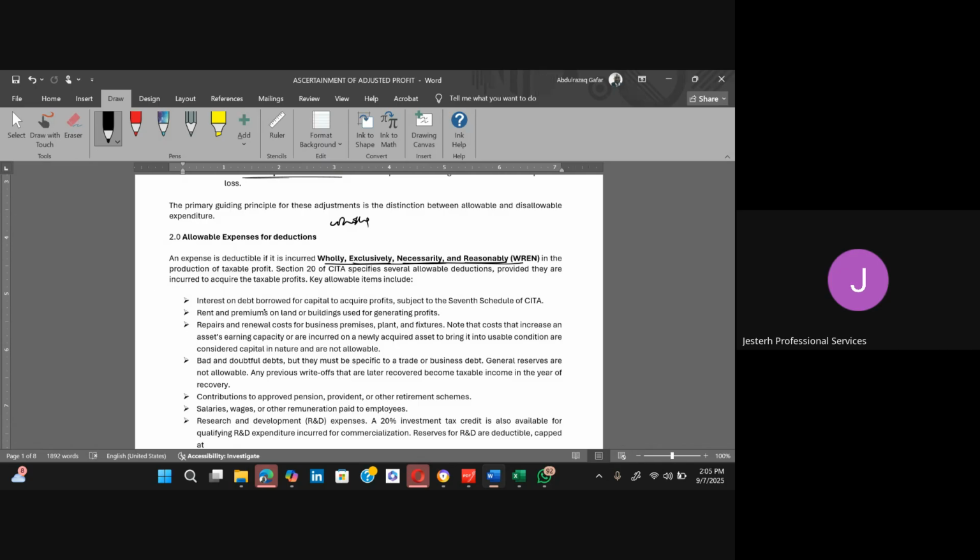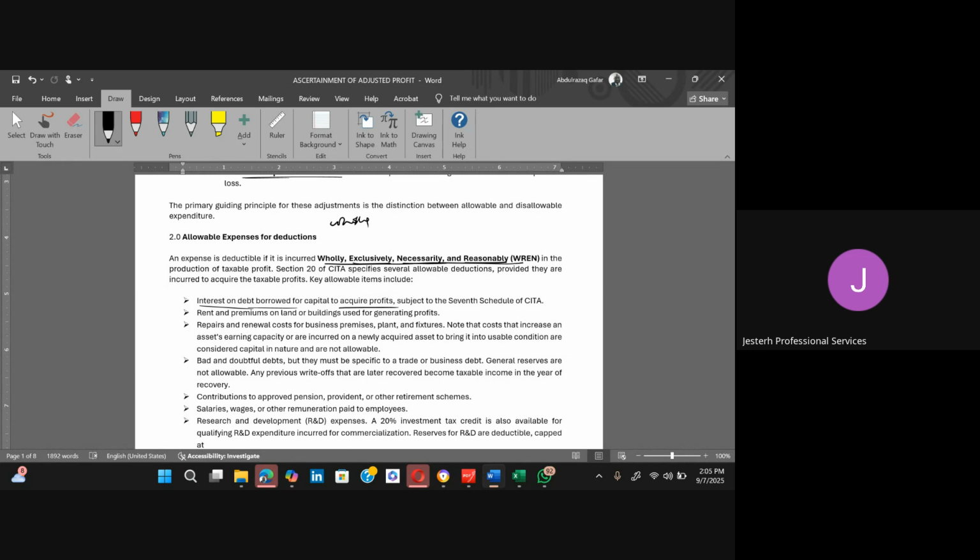So what are the allowable expenses that could be accepted in order to arrive at the taxable profits? Number one, we have interest on debt borrowed as capital to acquire profits.